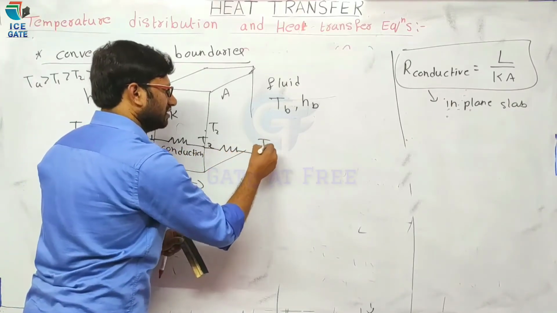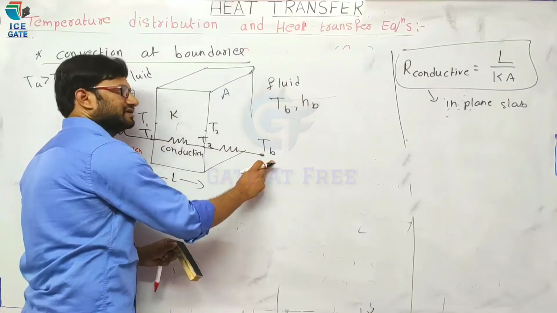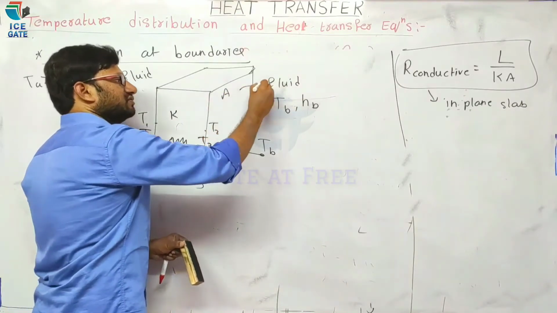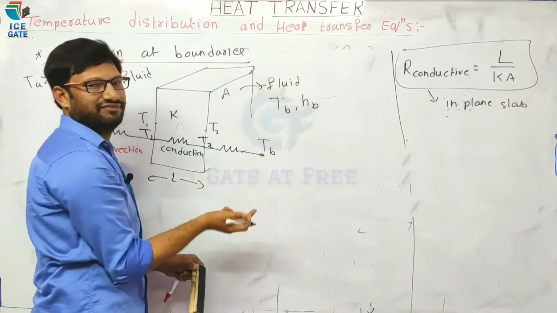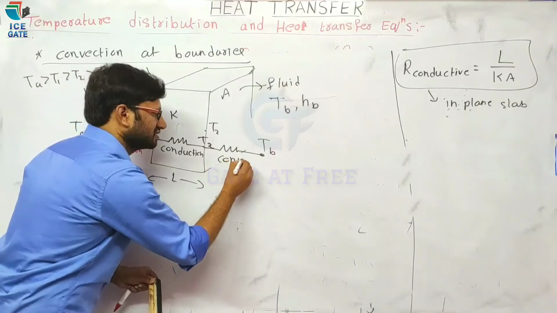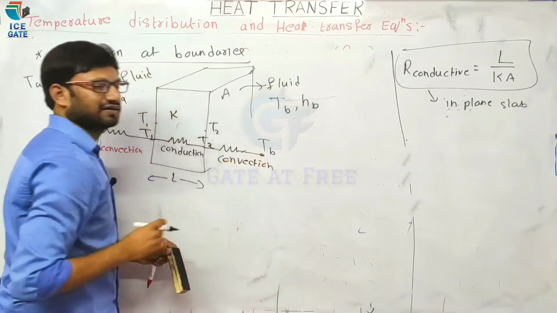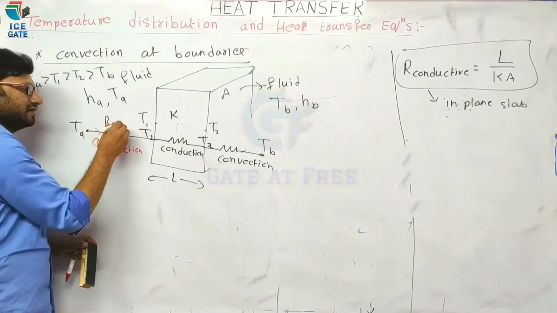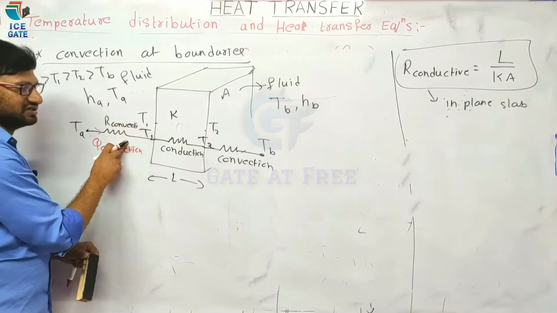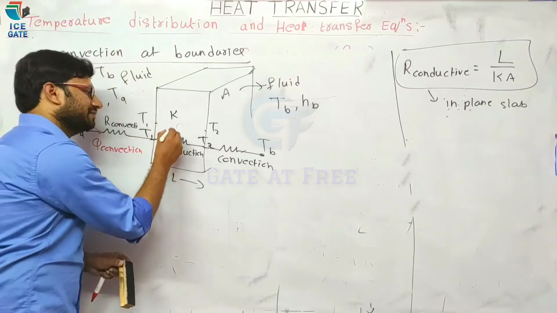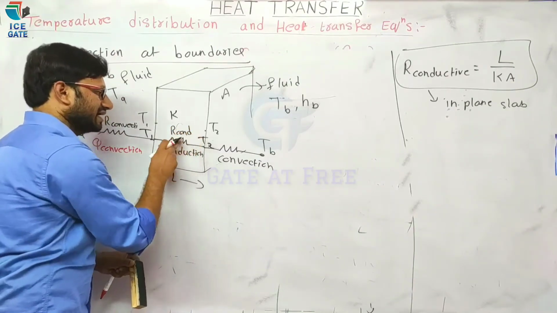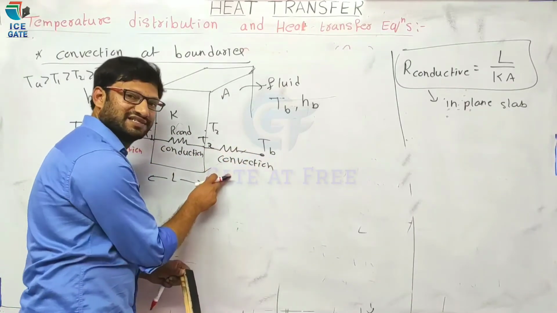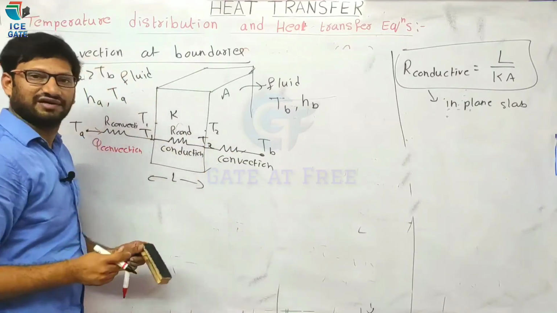Next, from T2 to TB, the temperature of the other fluid, the mode of heat transfer from solid surface to fluid medium is known as convection. If the mode of heat transfer is convection, the type of resistance is convective resistance. If the mode of heat transfer is conduction, then the type of resistance is conductive resistance. Here also from T2 to TB, the type of resistance is convective resistance.